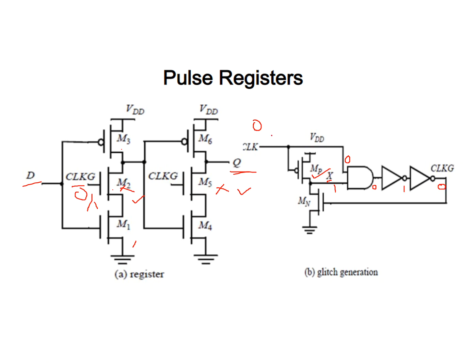Now let us consider that our clock transitions from 0 to 1. During that time there is a slight immediate transition in the first input of the AND gate, because for X to get its input, it has to pass through this PMOS transistor. Hence there exists a delay.